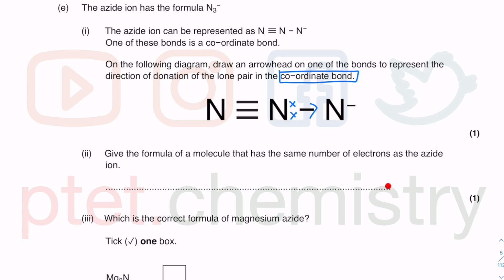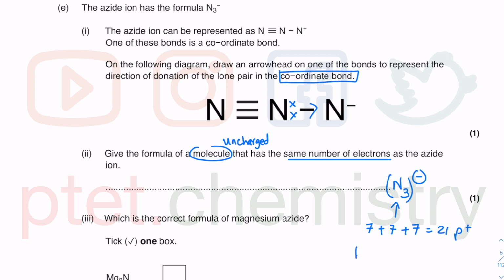Now give the formula for a molecule that has the same number of electrons as the azide ion. Molecule, number 1, so that means uncharged, and then number 2, you're looking at the same number of electrons. So first of all, we have 3 nitrogen. The whole thing is -1, so we will have 7 plus 7 plus 7, which is 21 protons, but the electron counting will be 21 plus 1 because you are gaining 1 electron, so that's 22 electrons.